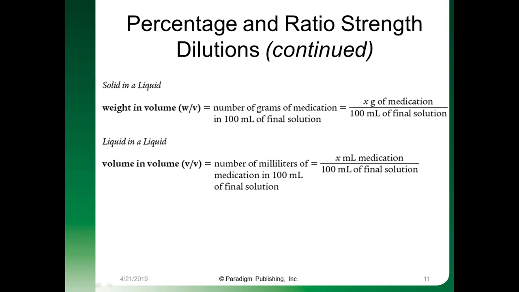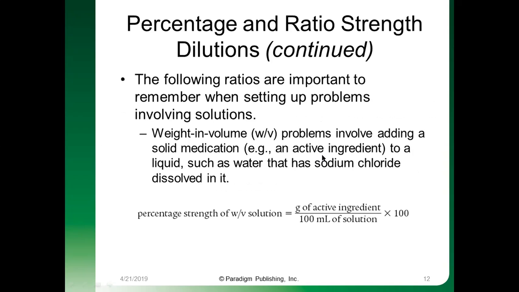Again, weight will always be grams per 100. So if you're given something in milligrams, we're going to have to convert that to grams per 100. And milliliters per milliliters for volume.